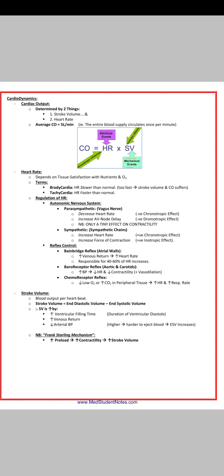So when the BP rises, baroreceptor reflexes increase, and this causes a decrease in heart rate, a decrease in contraction, and an increase in vasodilation. Vasodilation means the expansion of the vessels.